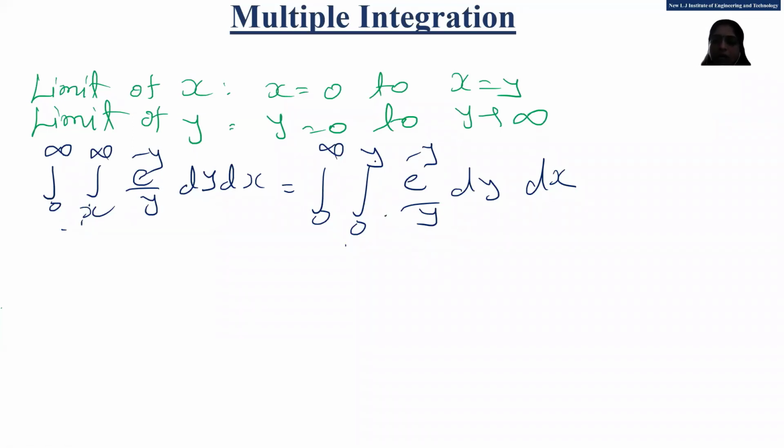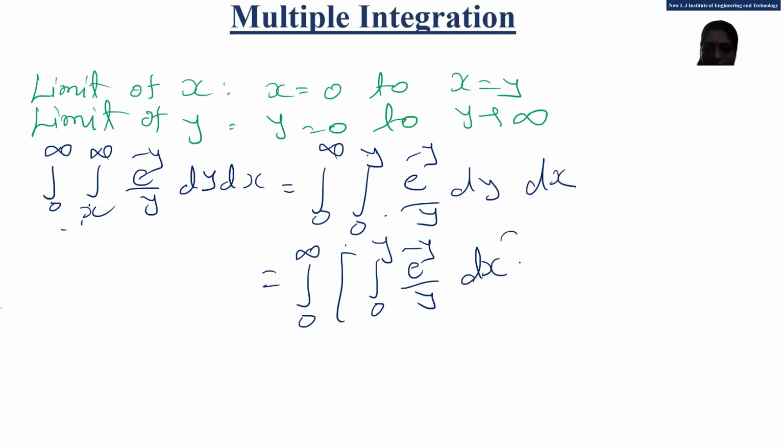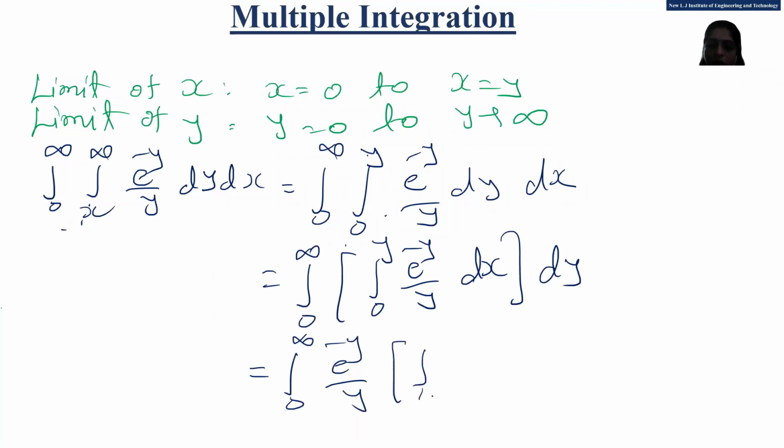Now, as this depends on y, first we have to do the integration with respect to x. So 0 to infinity in the bracket 0 to y e raised to minus y upon y dx dy. But here e raised to minus y upon y is what? Constant. So I may put 0 to infinity e raised to minus y upon y, and here 0 to y dx dy.